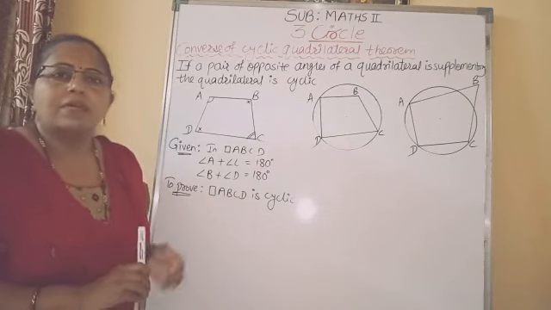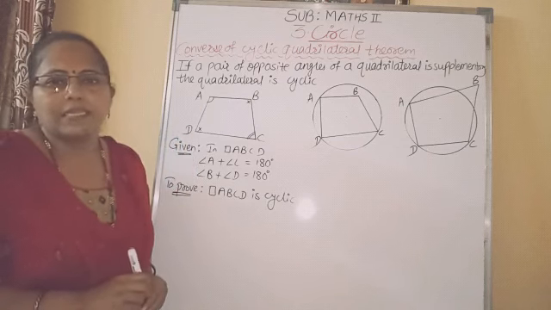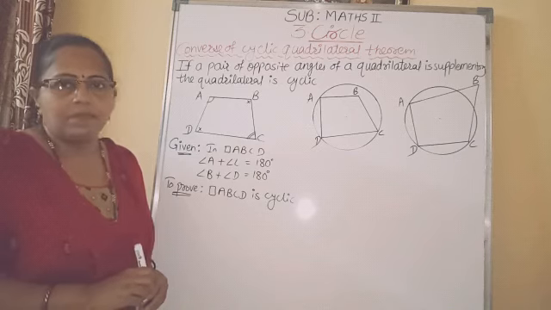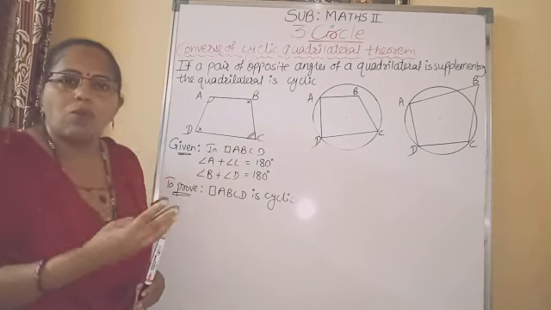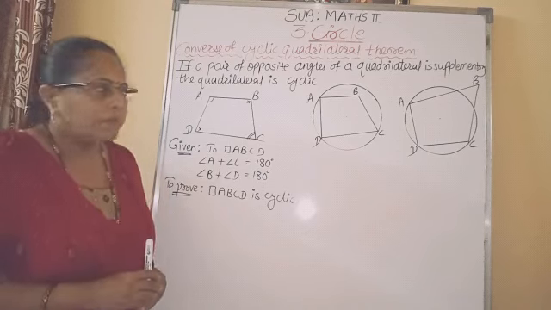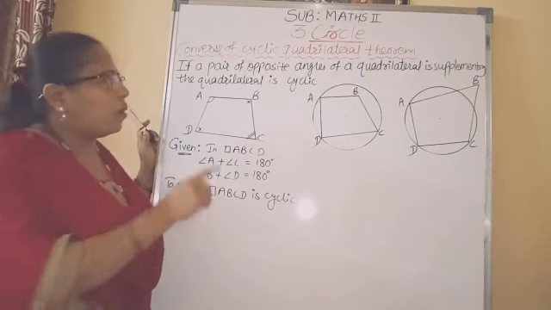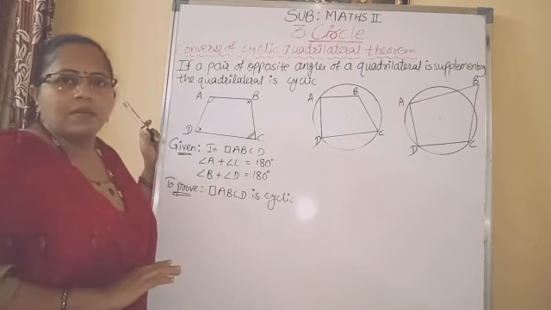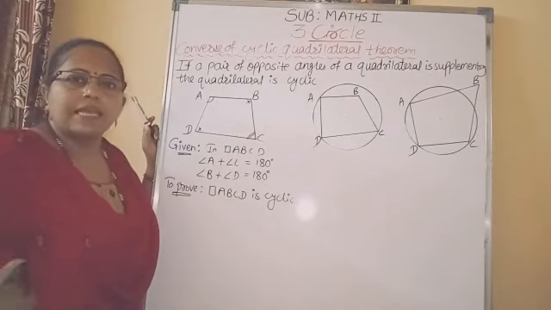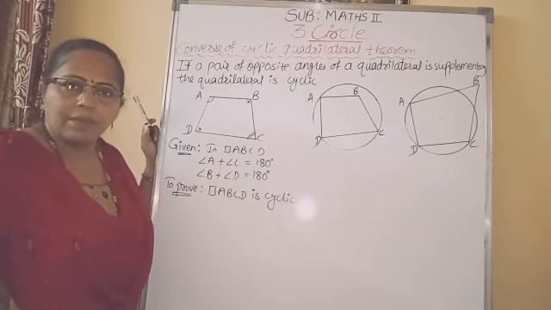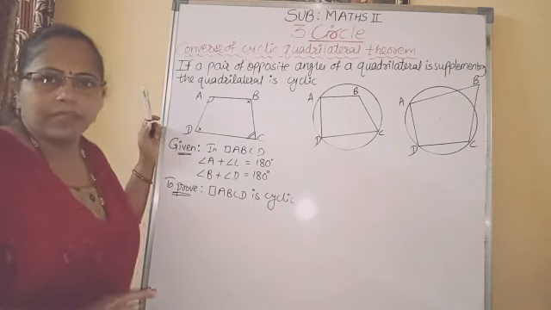Circumcircle means the circle passes through all the 3 vertices of a triangle. Means 3 non-collinear points are always on the circle. We have to prove the 4th point is also on the circle. Then only we can say that this quadrilateral is cyclic quadrilateral. Okay. So we will prove it using indirect method.